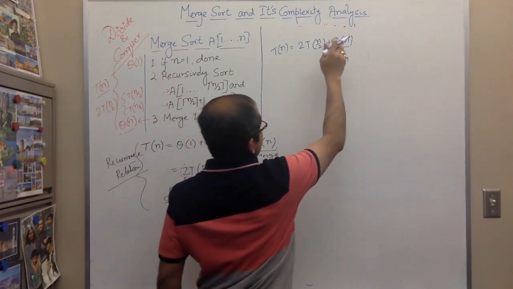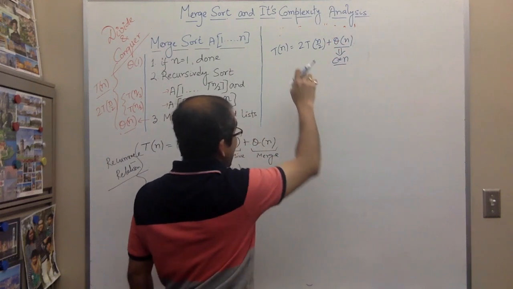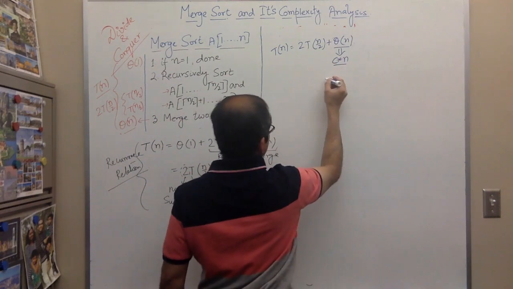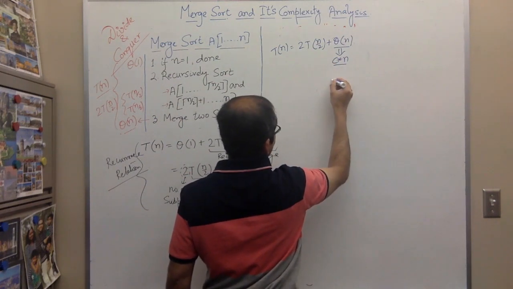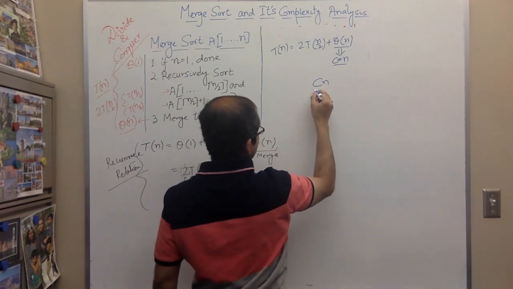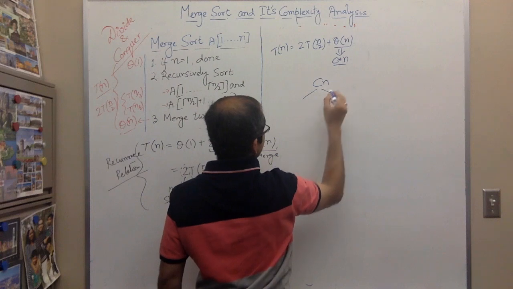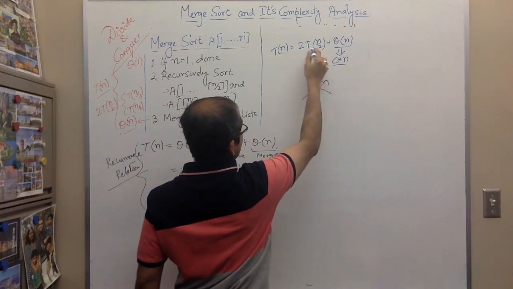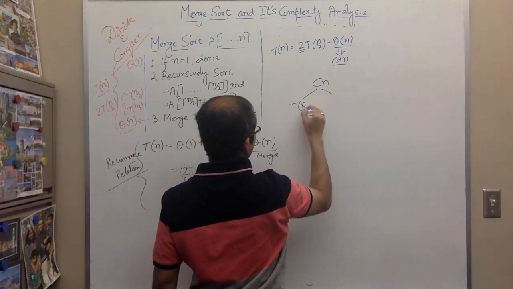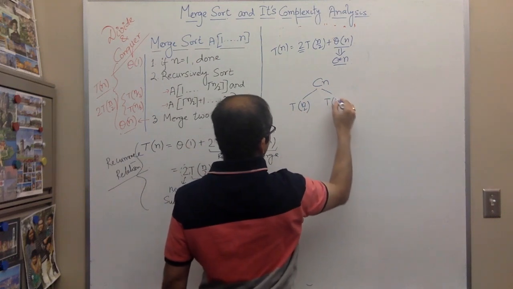So we replace theta of n with cn, and then we replace this entire equation with a tree structure. What is a tree structure? You see, cn will be the root. This is one part of the cost, and then there are 2 subproblems of size n by 2, so we say T of n by 2 and T of n by 2.